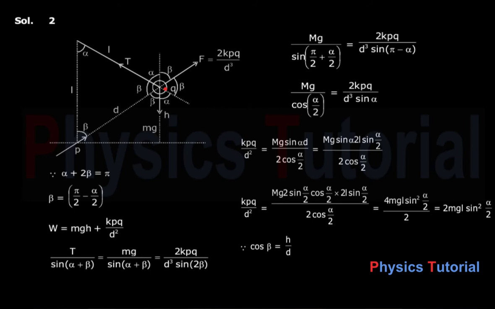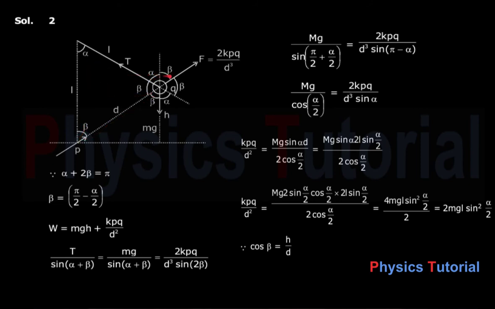Later on we will use Lami's theorem, but before this consider the angle, because while applying Lami's theorem you have to consider this angle also. So let this angle be beta from vertical. This one is beta, and let this be alpha.